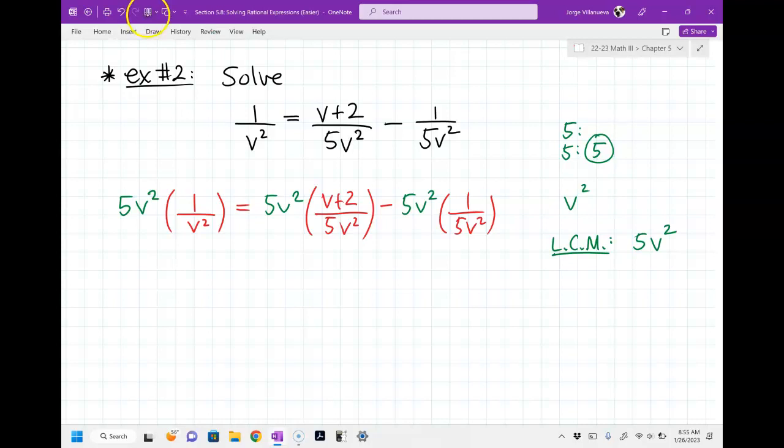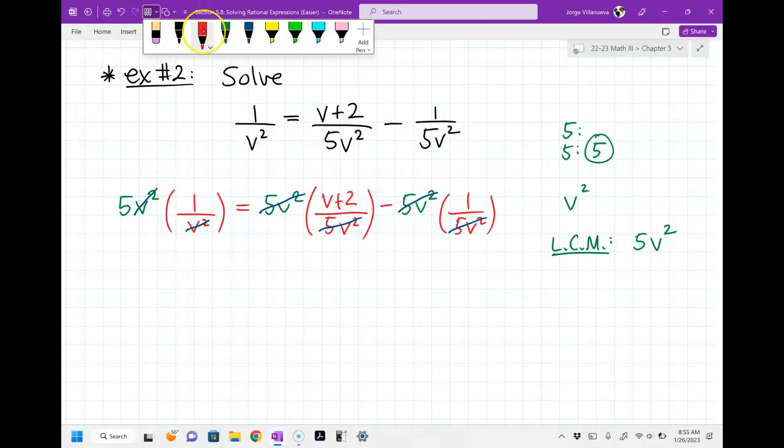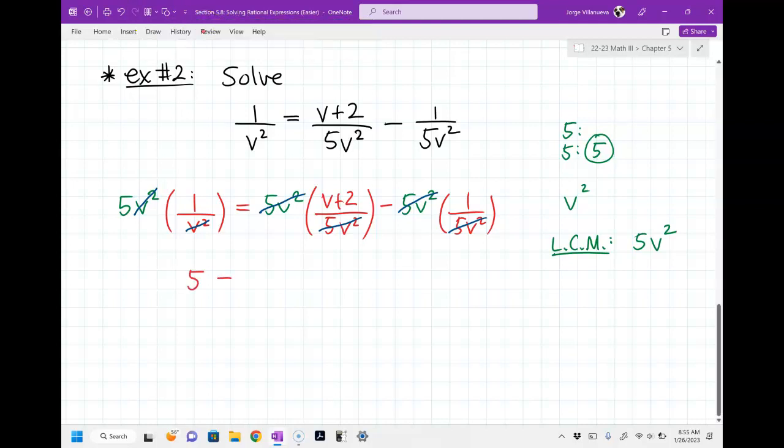All right, so on the first one, what can I cancel out? The V squared only, right? So that's gone. What about the second one? All right, everything is gone. And the last one? All right, so everything is gone there. So what does it look like once I'm done? Well, 5 times 1 is 5. This will just be V plus 2 minus 1.